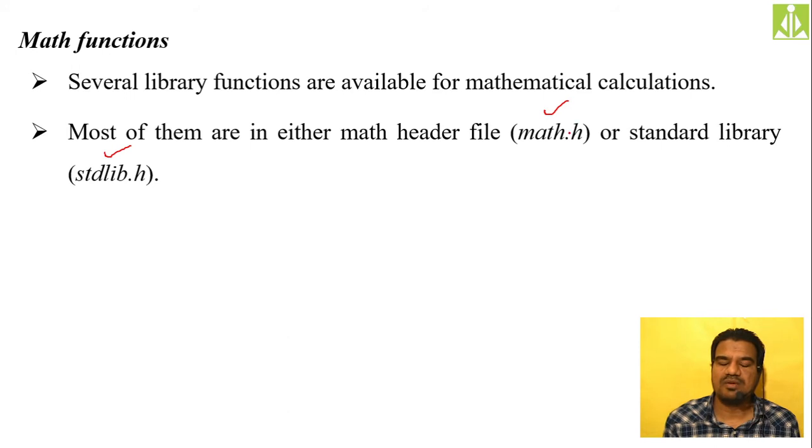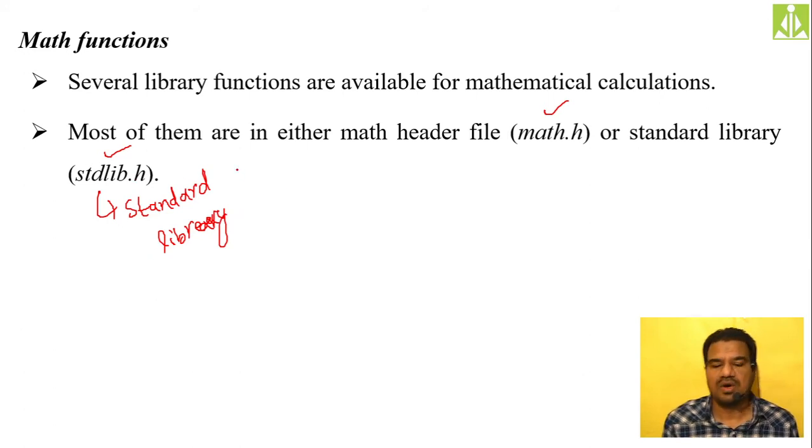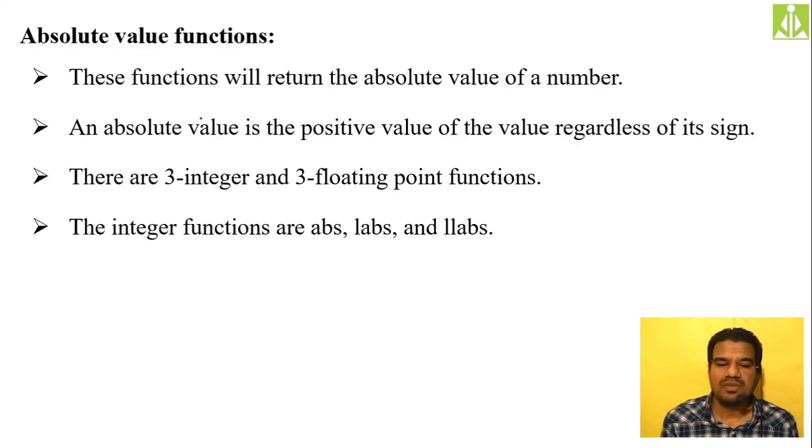So there is the math.h library file and the standard library file. Here stdlib stands for standard library, and h stands for header file. In either of these two files you can find the mathematical calculation functions. The first type of mathematical function is the absolute value function.